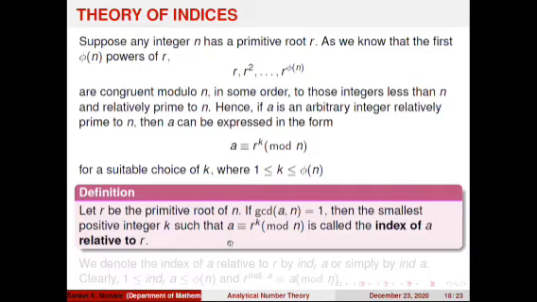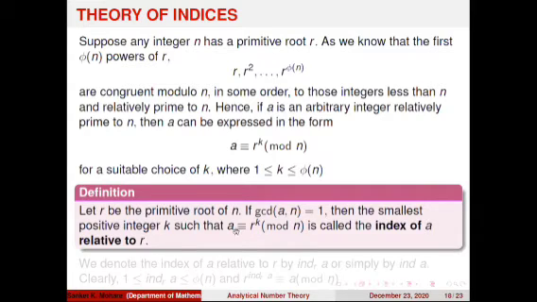Then for the smallest positive integer k, note, highlight this word, smallest positive integer k, such that a is congruent to r to the power k modulo n. What is k here? k is the smallest positive integer.